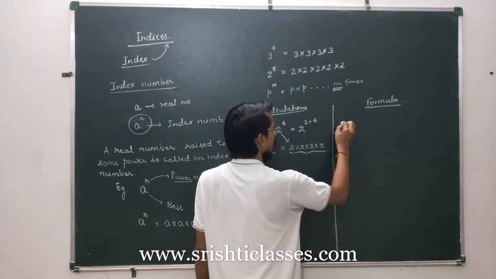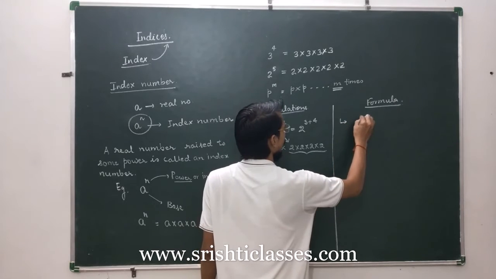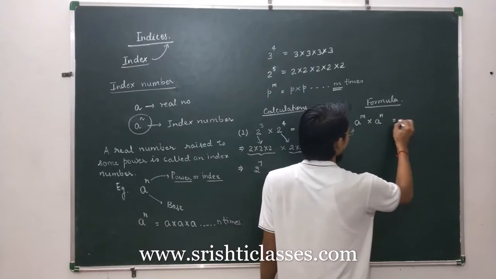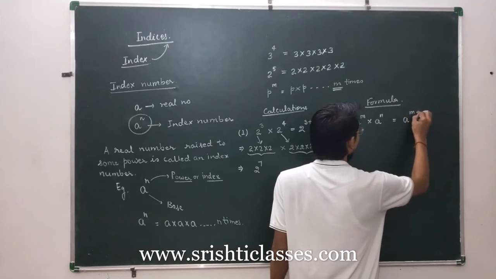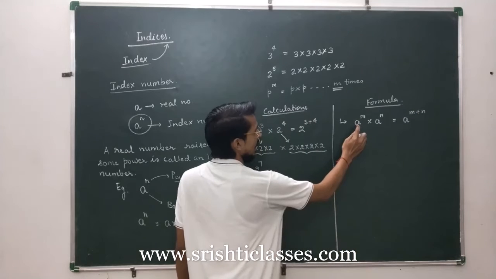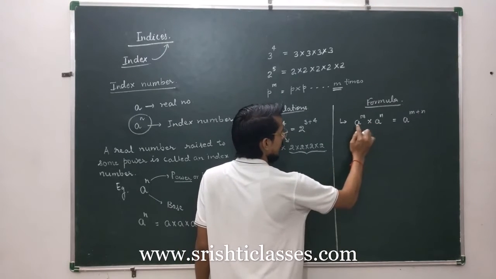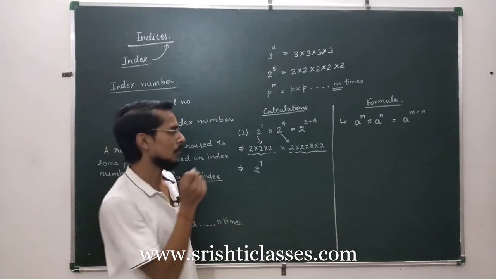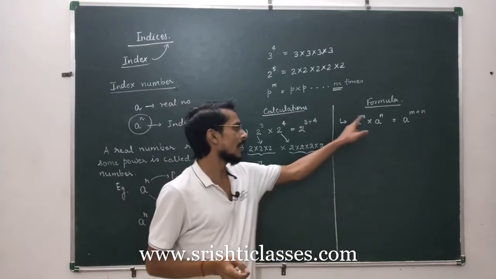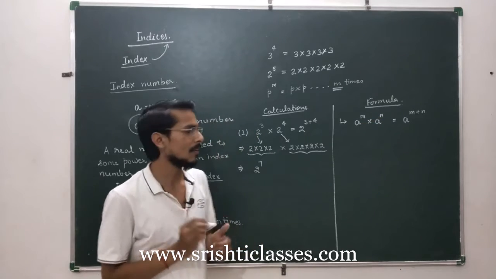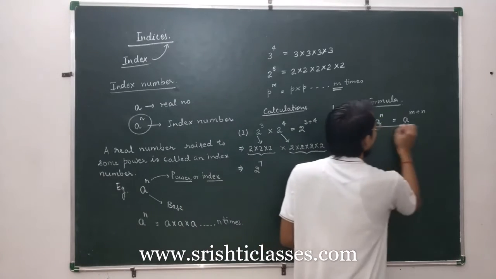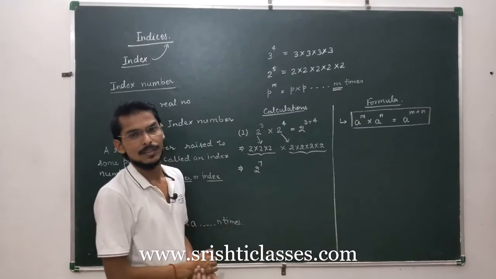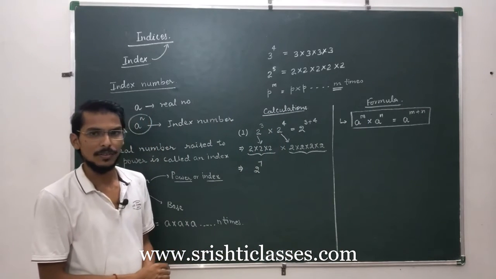Our first formula is a raised to the power m into a raised to the power n is equal to a raised to the power m plus n. You must notice that if base are same and there is a sign of multiplication between the two expressions, then we add the powers. This is our first formula, which will be used more commonly in our exercise.